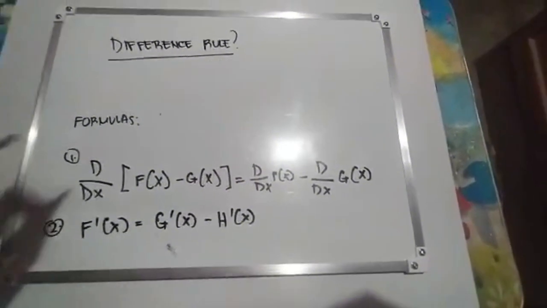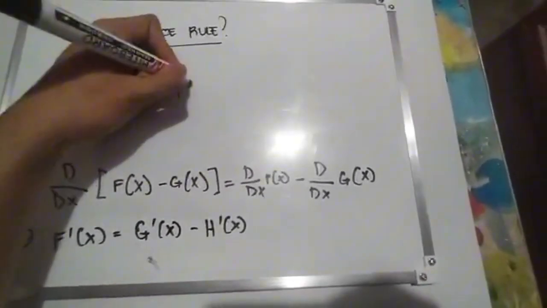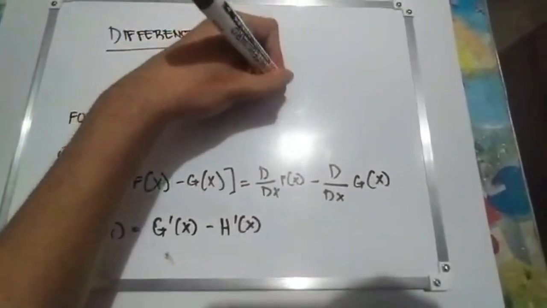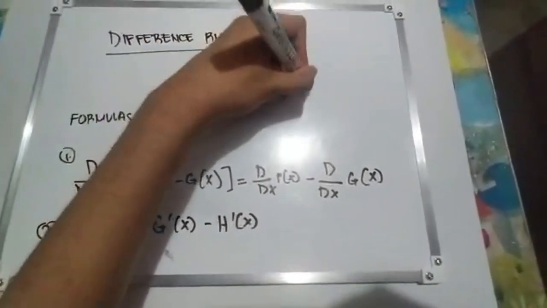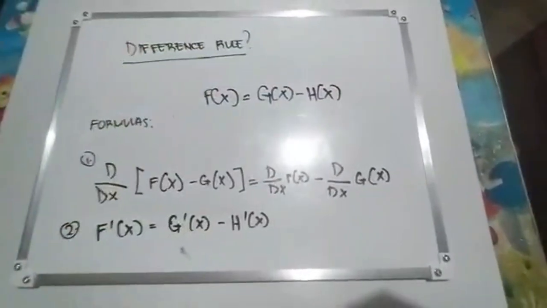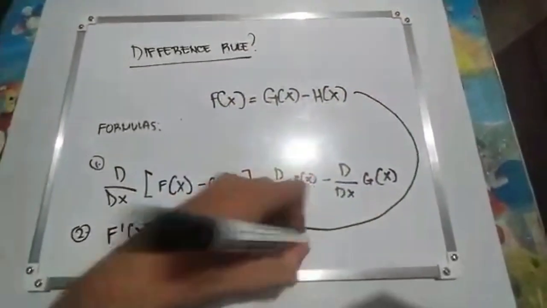In simple terms, if you have a function like f of x equals g of x minus h of x, then its derivative is this one.